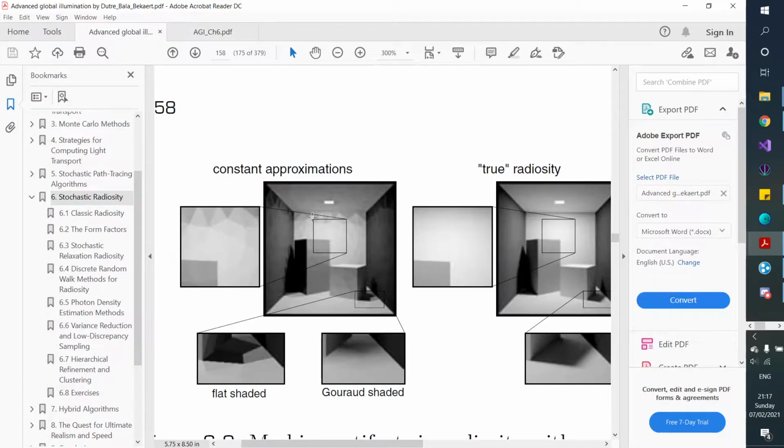Just as an example, if you wanted to have, let's say, linear functions inside each triangle, instead of storing just the radiosity per triangle, you would store radiosity at each vertex of every triangle, and then that would generate piecewise linear functions.